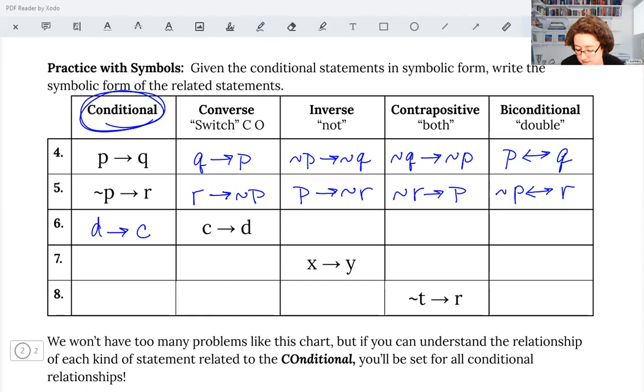So inverse, throw a not in front. So not D, arrow not C. Okay, contrapositive, both of them have to be flipped around and switched. So negative C, negative D. Biconditional, double arrow.